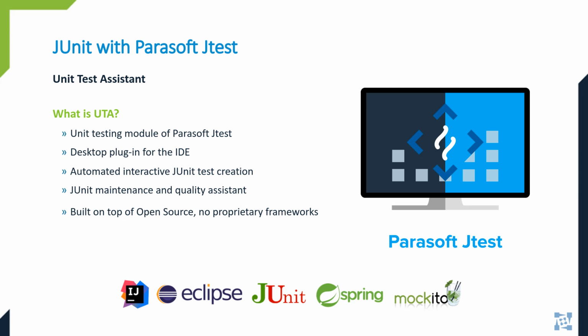We're only leveraging open source technologies and libraries, right? So we're not plugging any vendor specific libraries. You can take these JUnits and you can run them externally with Maven, Gradle, etc. However you build your project, however you're running your unit test today. It's a plugin for your IDE for Eclipse and IntelliJ. This is a Java solution.